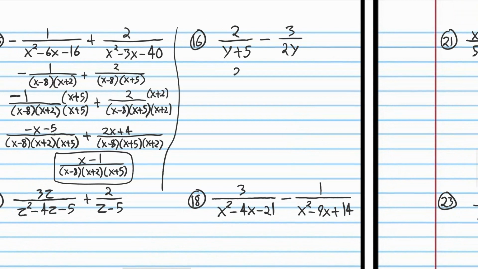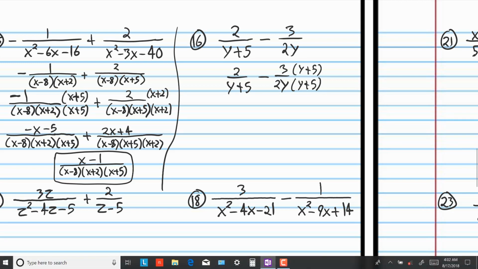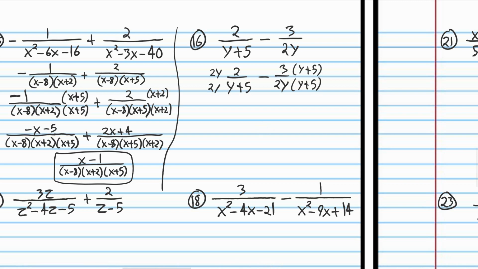All right, we're back. So we're going to multiply both sides of this fraction by y plus 5. And both sides of the other fraction by 2y. And because this is a binomial, I need to put parentheses around the y plus 5. 2y times 2 is 4y.